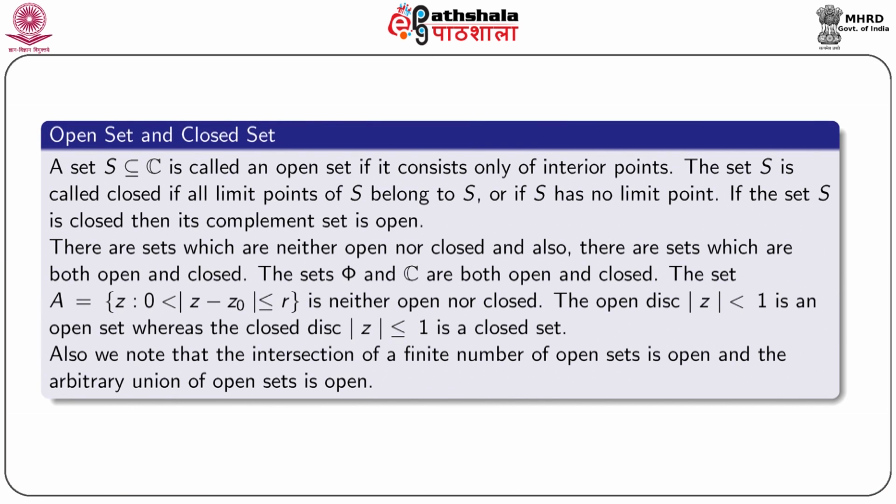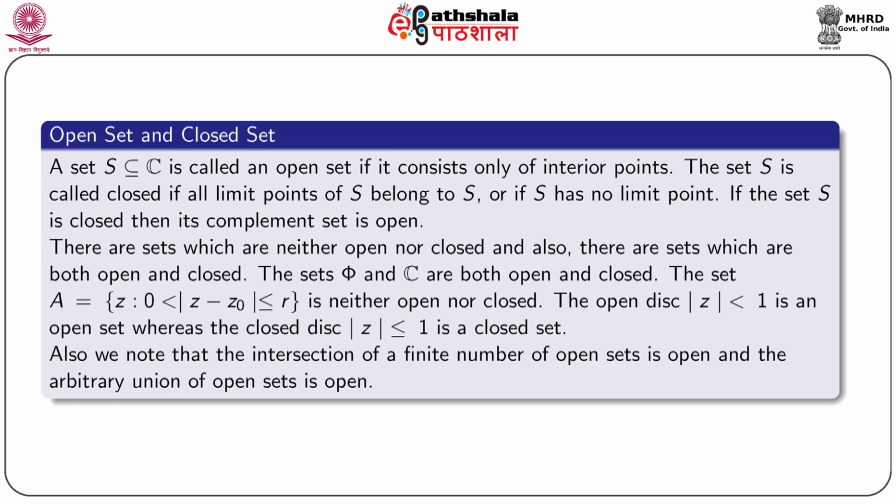Now we define open set and closed set. A set S, subset of C, is called an open set if it consists only of interior points. The set S is called closed if all limit points of S belong to the set S, or if S has no limit point.